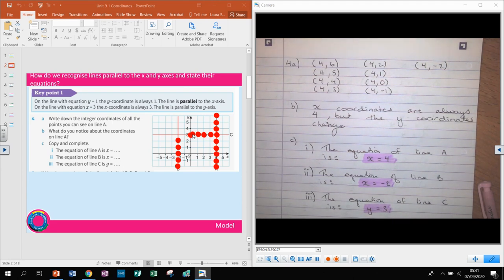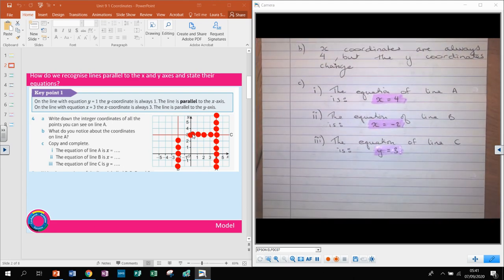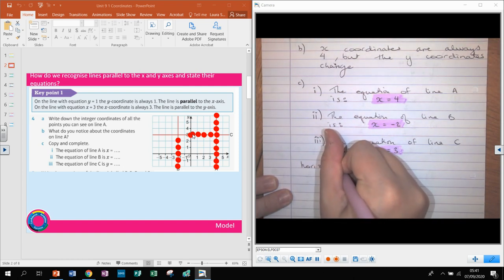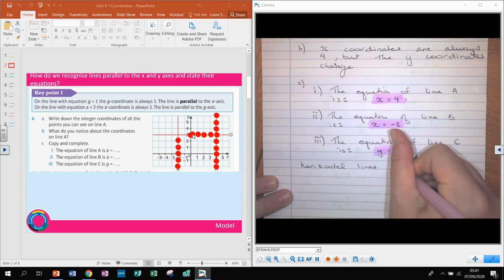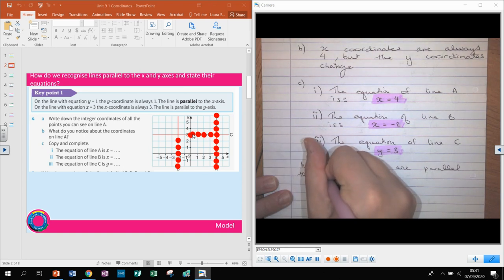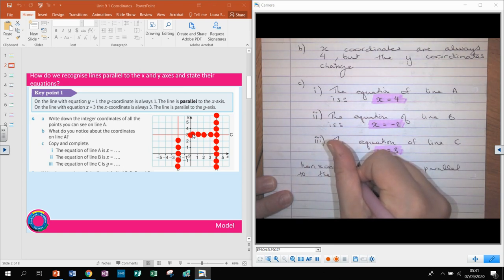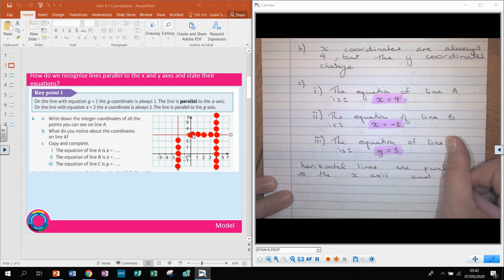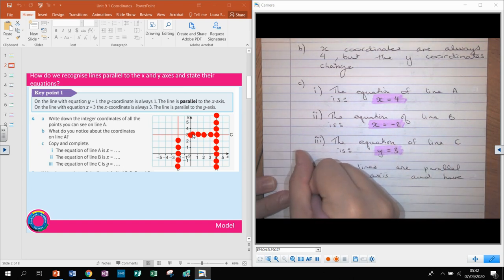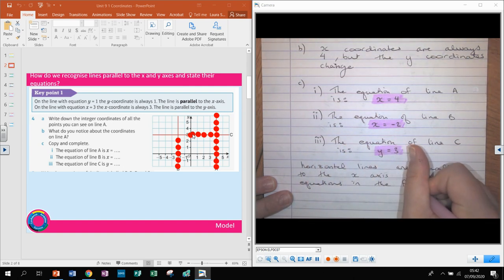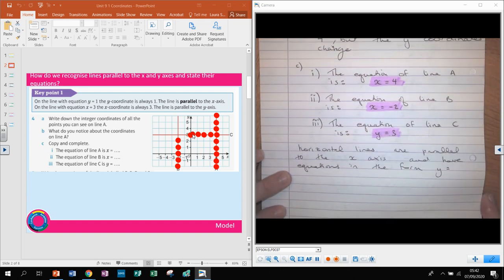Okay, so let's just review that. Horizontal lines are parallel to the x-axis and have equations in the form y equals a constant, okay?